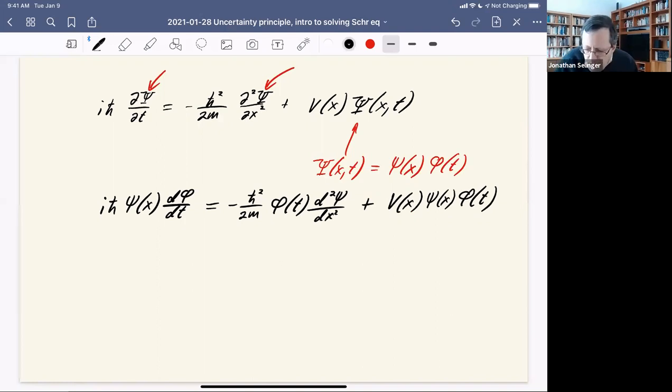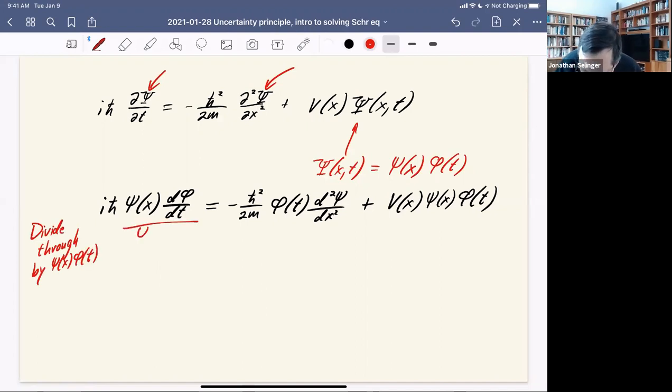The next step in the separation of variables method is to divide through by the product of psi times phi. So we'll divide through by psi of x, phi of t in all of the terms.